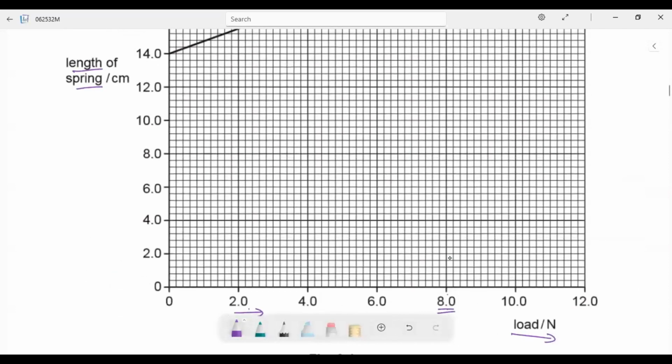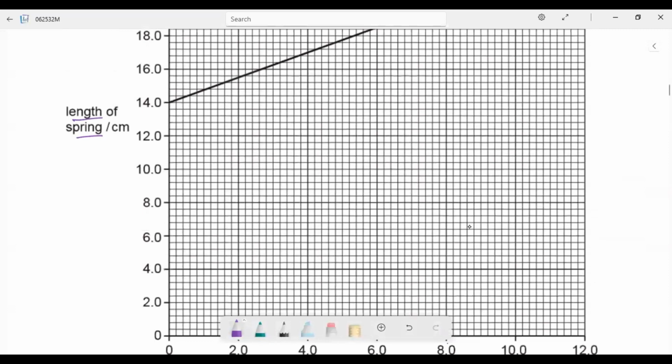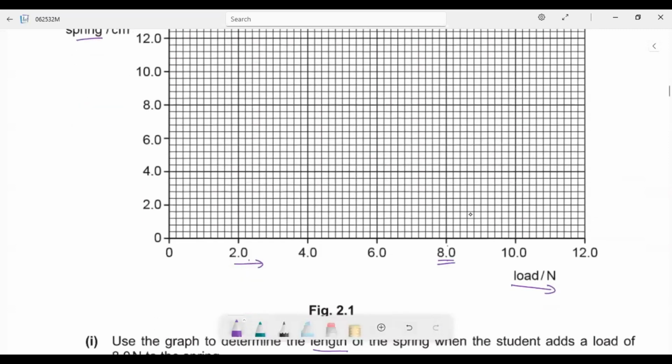So from the graph we can write. So this is 8 Newton. So this line we can extend.